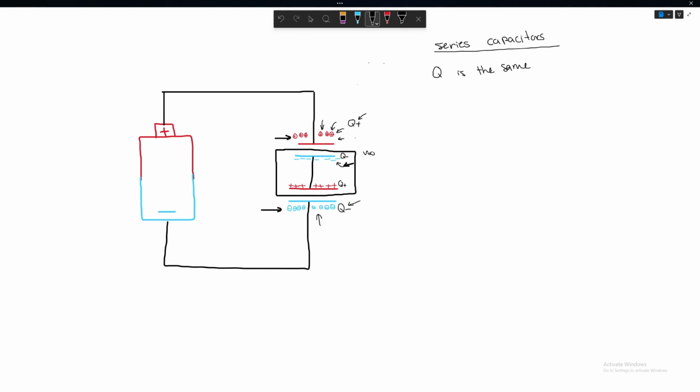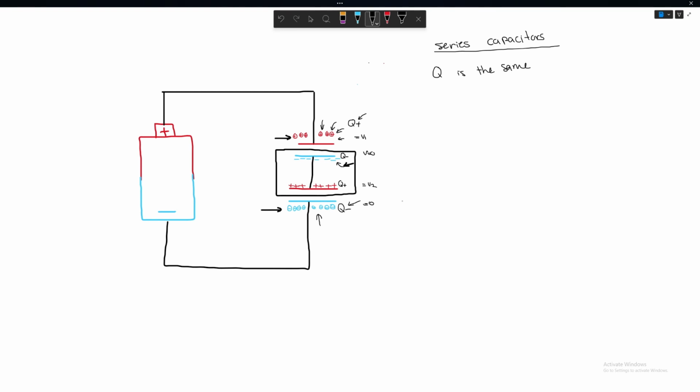And so at the positive side, we have some potential difference V1. And here there's also a potential difference between these two. And so here we have some potential difference V1. And at this end, we have a potential difference of 0. Well, here we'll name this V2. And here we have a potential difference of 0.